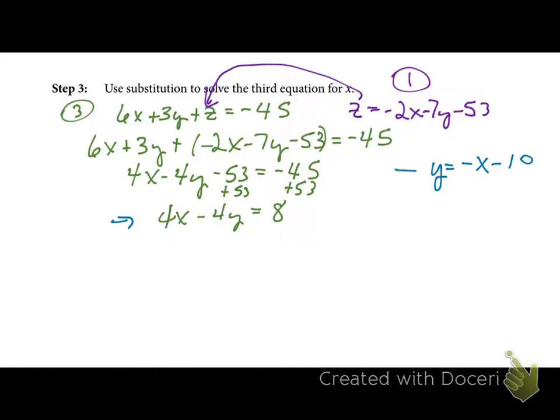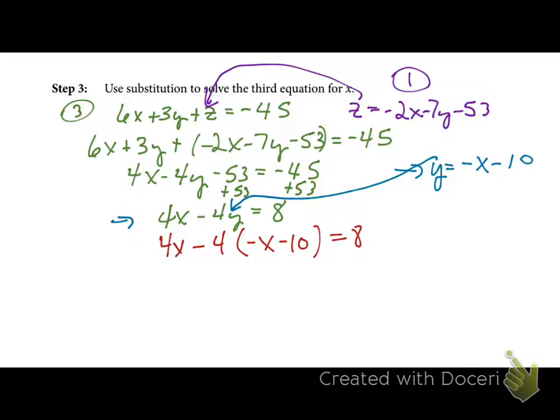But if I look over here, I have an expression for my y in terms of the x. So my next step is to take this expression of y and sub it into this y here and see what we get. That would give us 4x minus the 4, now replace the negative x minus 10, equal to the 8.